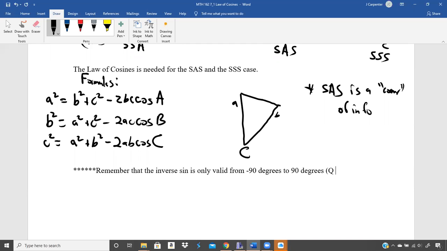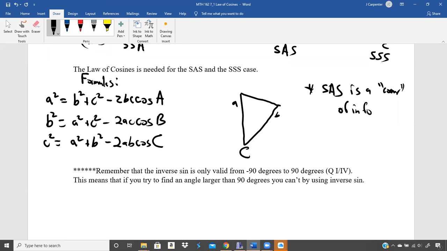In other words, quadrants 1 and 4. This means that if you try to find an angle larger than 90 degrees, you can't by using inverse sine. You can't do it. Your calculator is going to tell you an answer that is wrong. It's not going to say it can't do it. It's just going to give you a wrong answer.